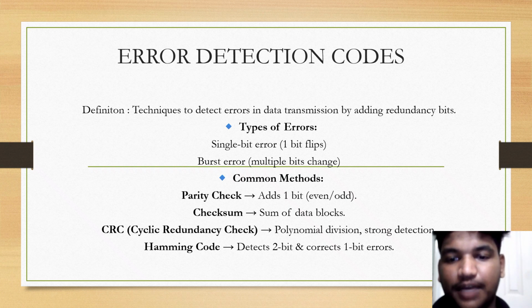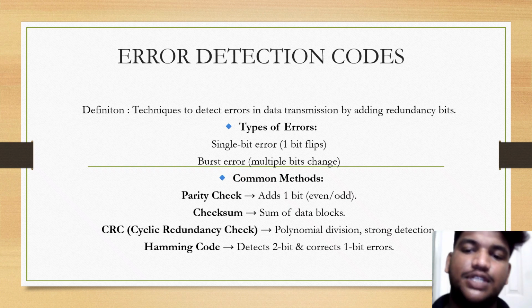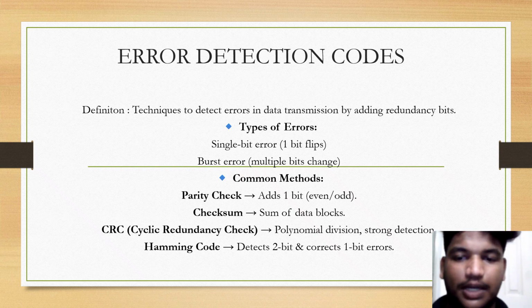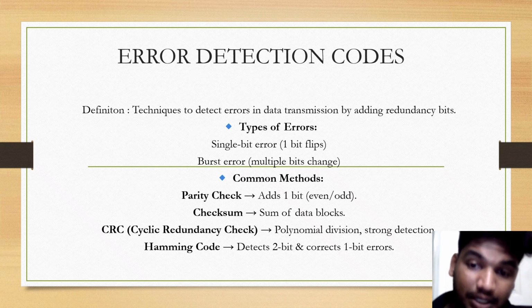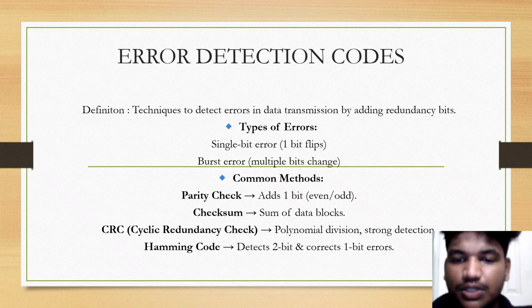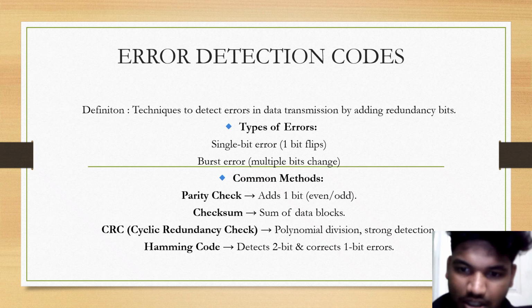There are two types of parity: even parity and odd parity. They will check even parity or odd parity, and they will detect the error. If we receive any code, we can also check the errors in this manner only.